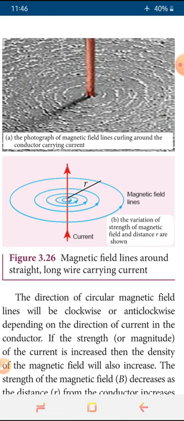We are taking a cardboard. This cardboard is kept parallel to the earth surface, clamped horizontally on a stand. The cardboard has a single hole at the mid portion, and through that hole we have a straight current carrying conductor or copper wire, and the two ends of the copper wire are connected to the positive and negative of the battery.